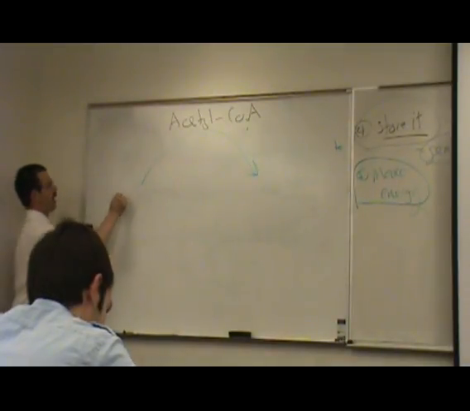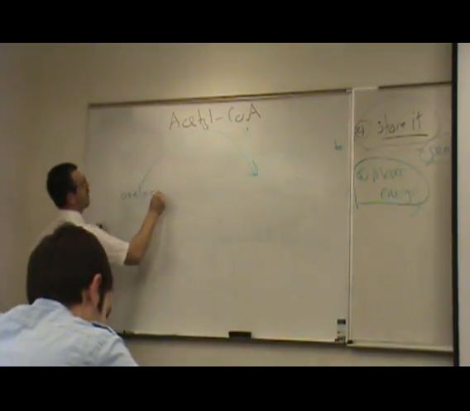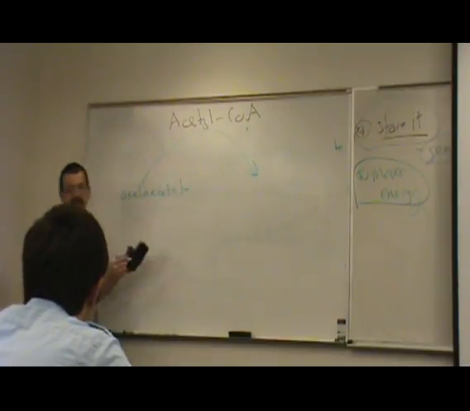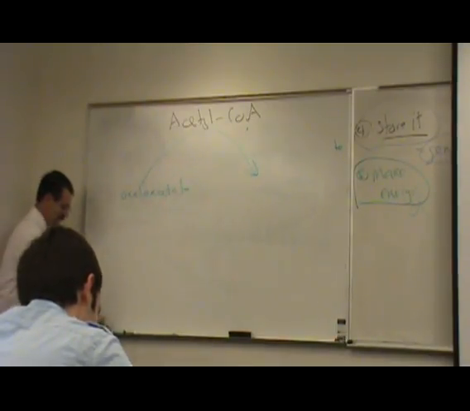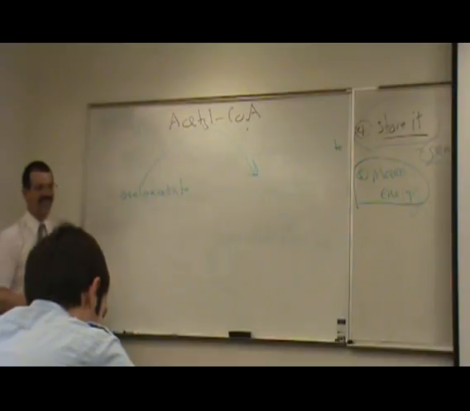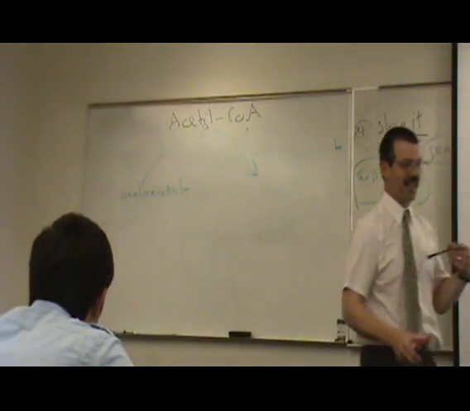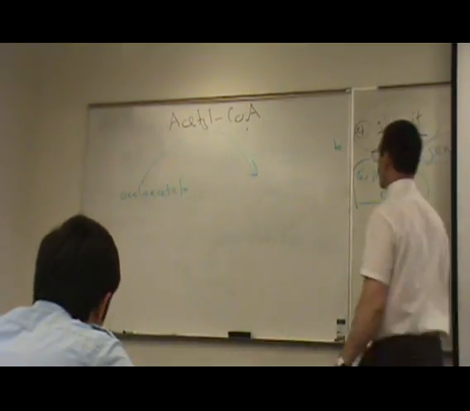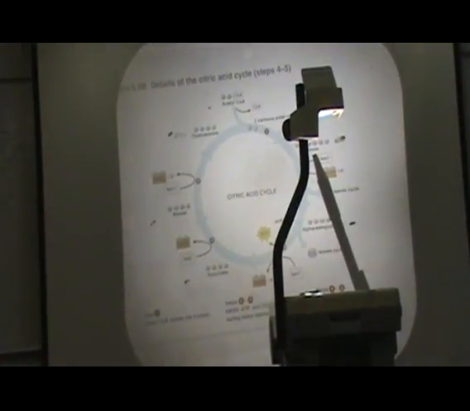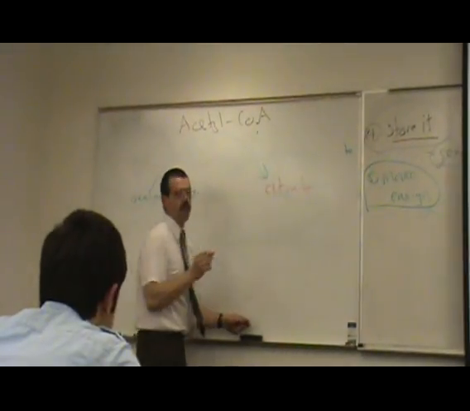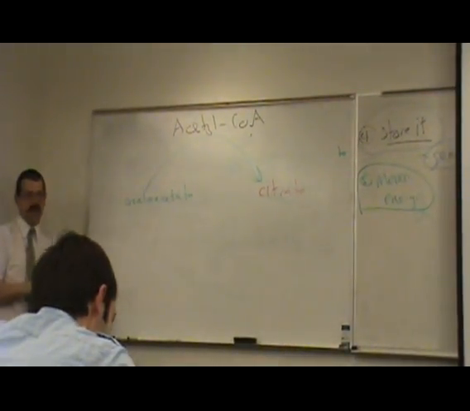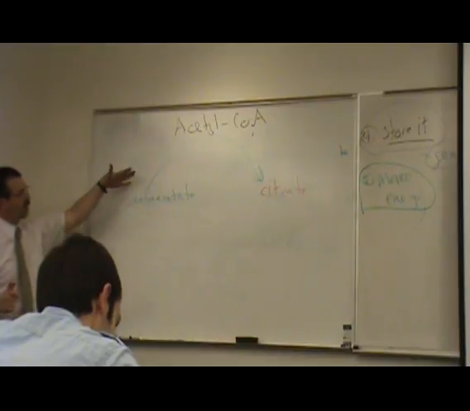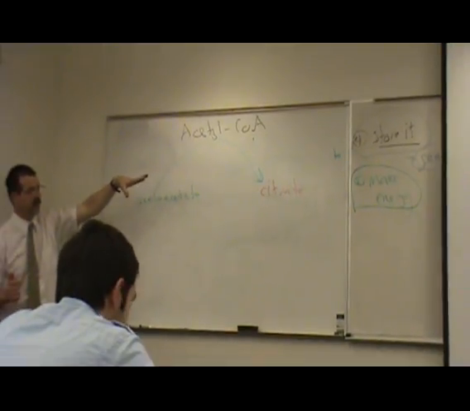We're going to take oxaloacetic acid, or oxaloacetate, and we're going to make what? Citrate. Acetyl-CoA plus that makes citrate, or citric acid. That's why they call it the citric acid cycle. So we took oxaloacetate with acetyl-CoA to make citrate.